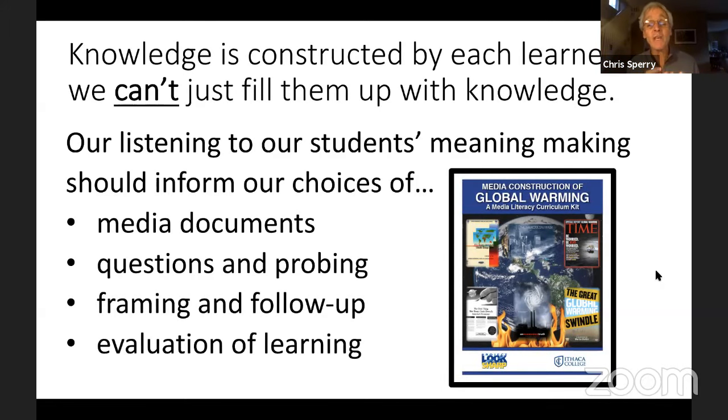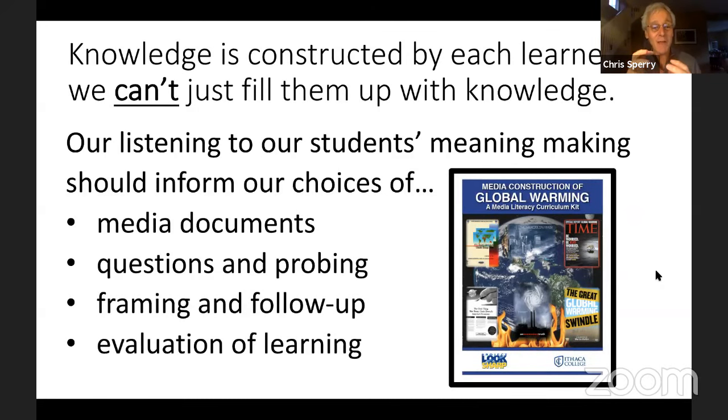And as we move forward in crafting media documents about what I'll call controversial science, not necessarily contested in the science, but maybe contested in the political arena or religious or social or cultural, we need to be listening to their meaning making. And we need to choose, whether it's elementary, middle, high school, college, the documents that will help us achieve our goals of having our students think in more complex ways.